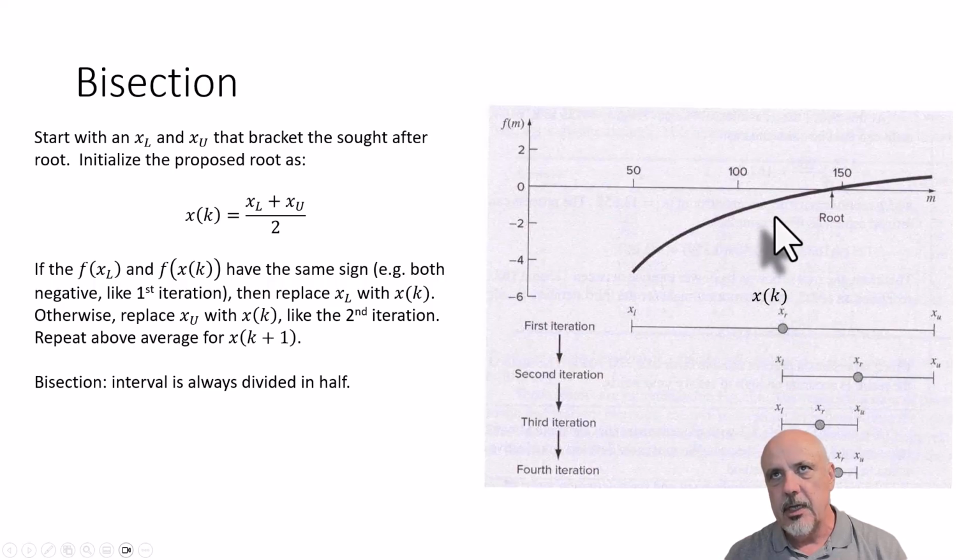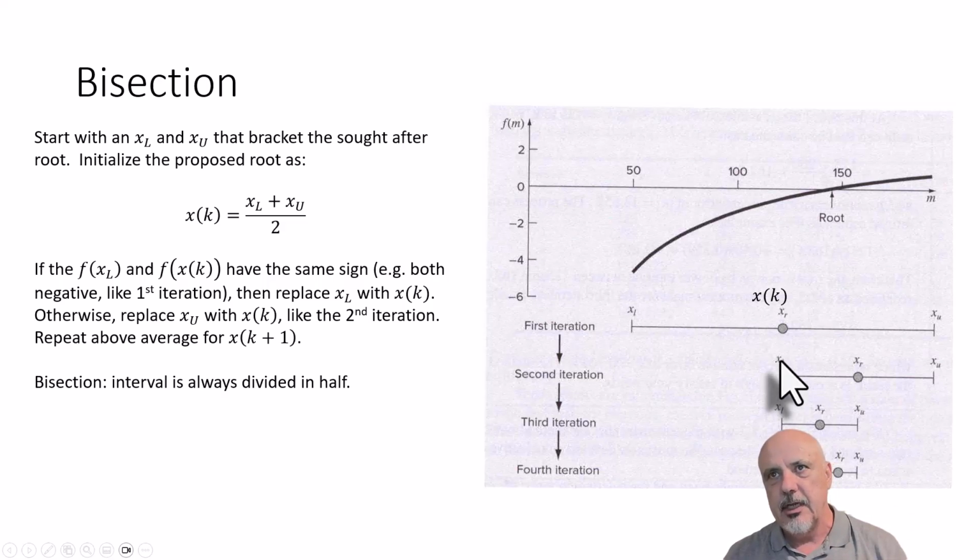Now that function is negative, just like the low is negative. So they have the same sign. So what you're going to do is replace XL with XK.